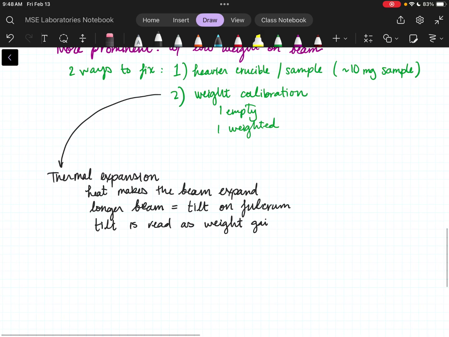Oh, I see how it affects the other one. Yeah. The rod expands and it creates a longer fulcrum. Precisely. So on this one, if the beam gets longer, it's going to look heavier to that electromagnet toward the back.